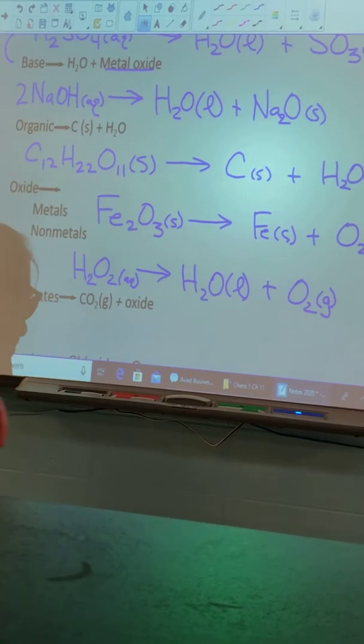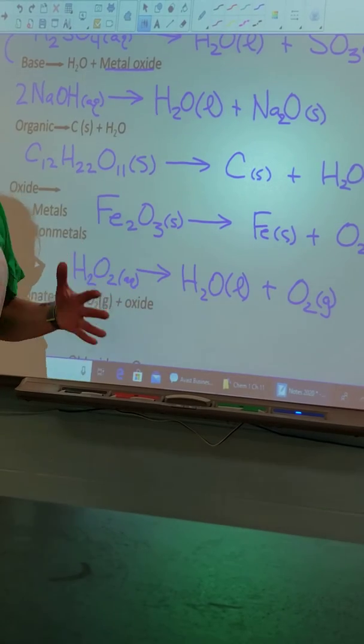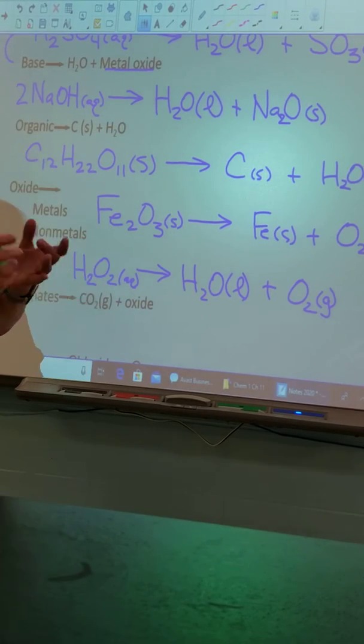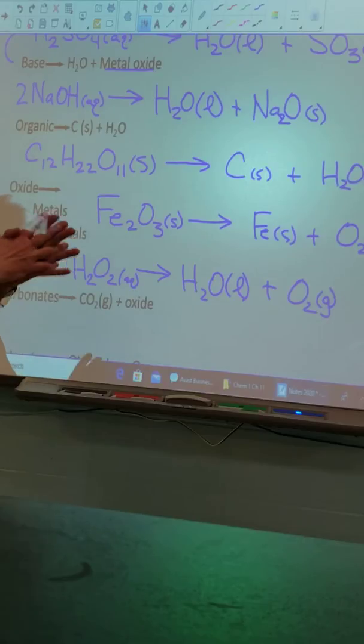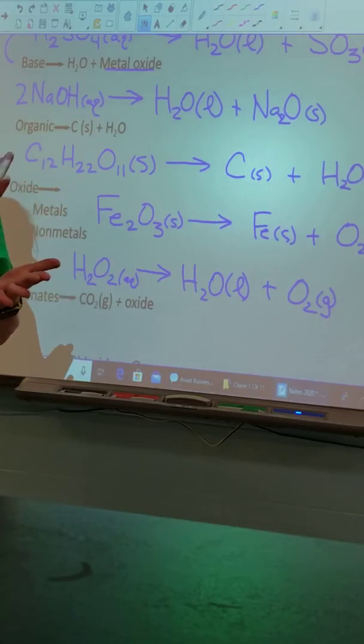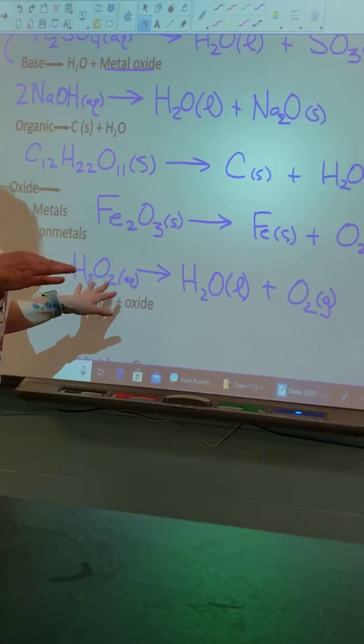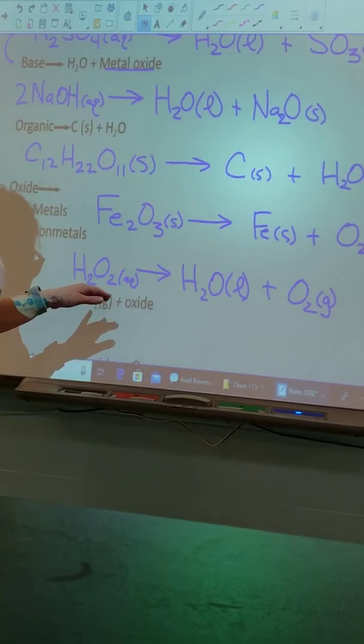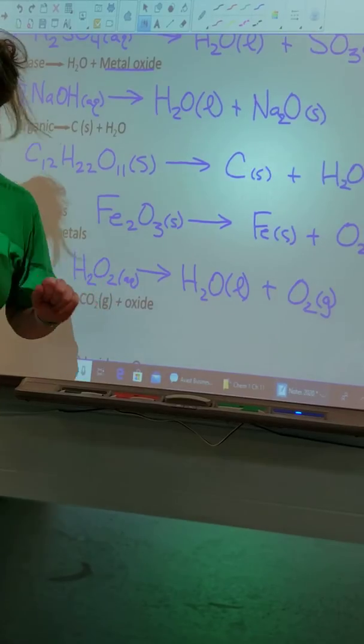Okay. And this is why when you buy hydrogen peroxide in the store, you buy it in that brown bottle, because it can decompose so easily that just light will make it decompose.